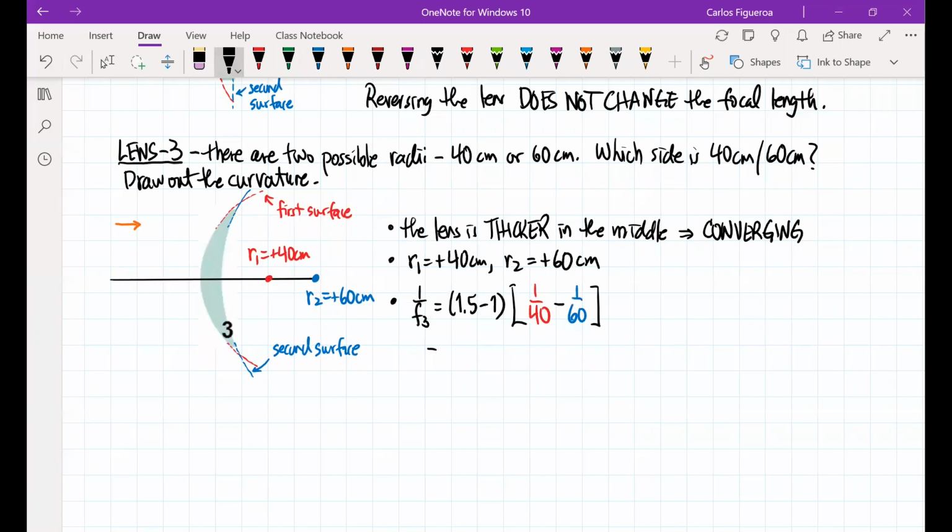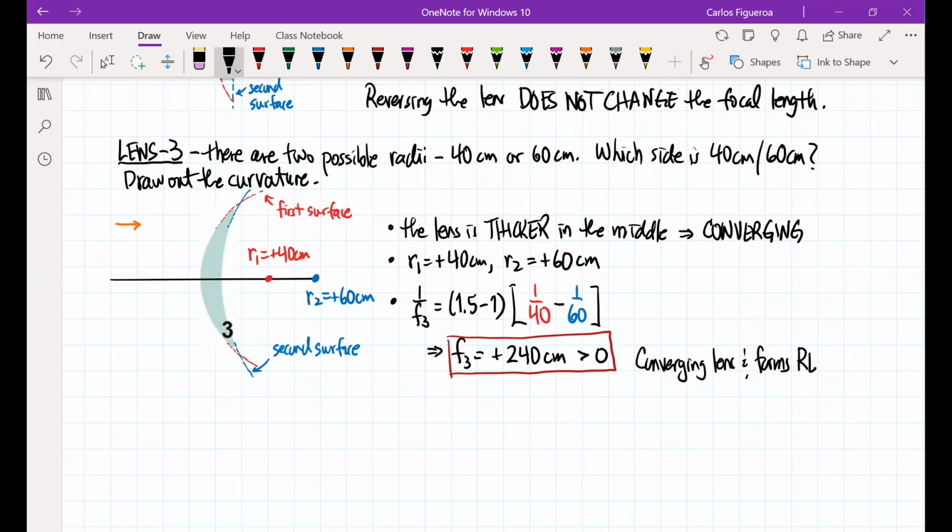So then this immediately tells you that F3 in this case is then positive 240 centimeters, which is again positive as expected because it's thicker in the middle. So this again is a converging lens and forms real images.